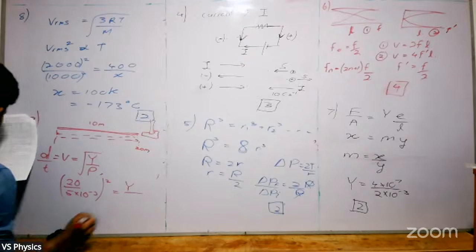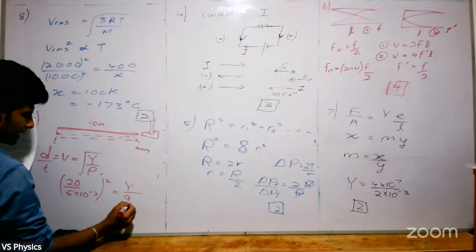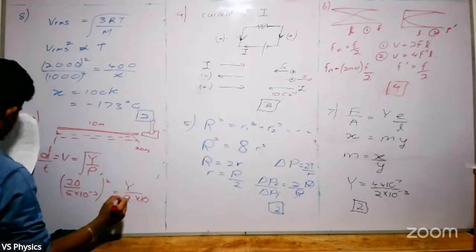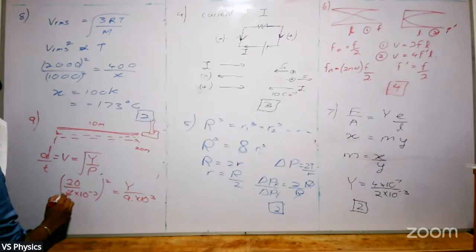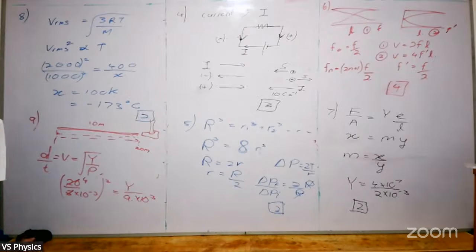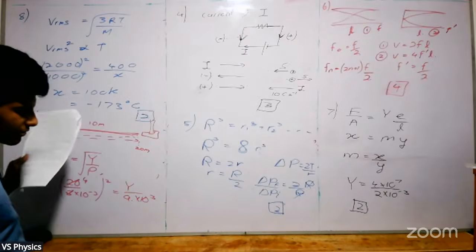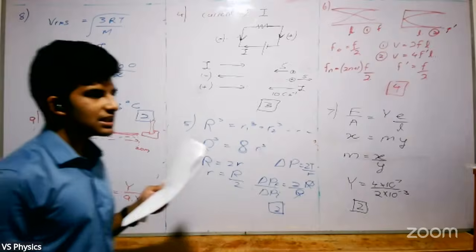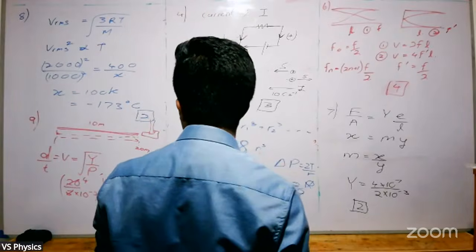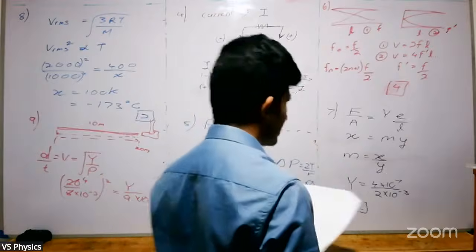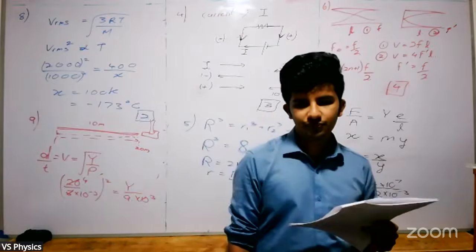We know y. Rho එක 9 times 10 to the power 3. Multiply කරලා බලන්න මෙයා 4යි, 4 times 10 to the power 3. 4 times 10 to the power 3 squared is going to be 16 times 10 to the power 6. 16 times 9 times 10 to the power 9 now.